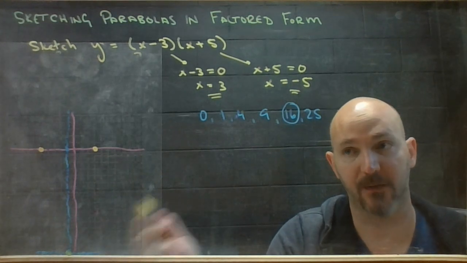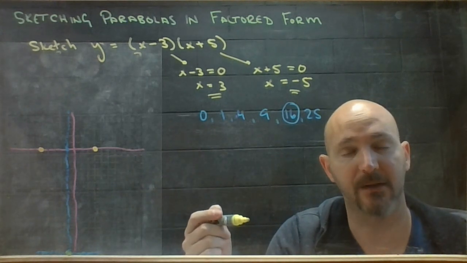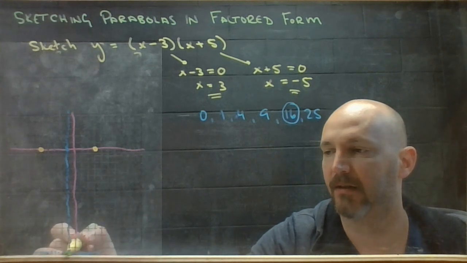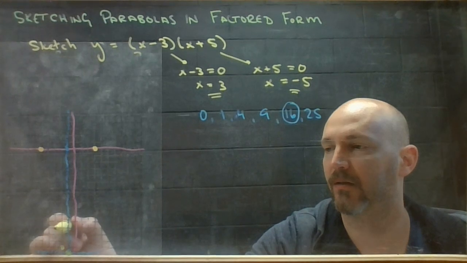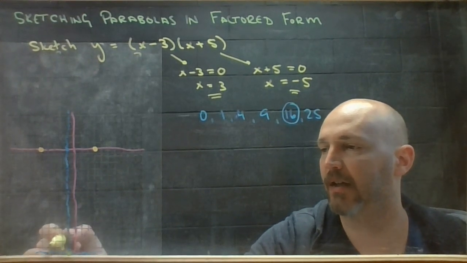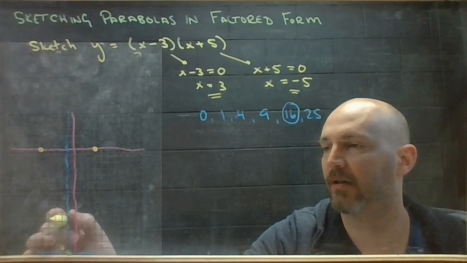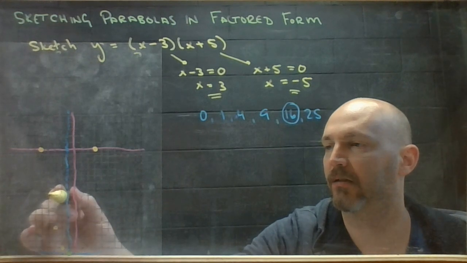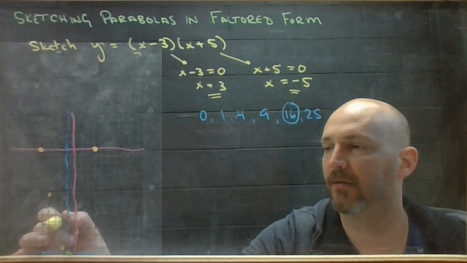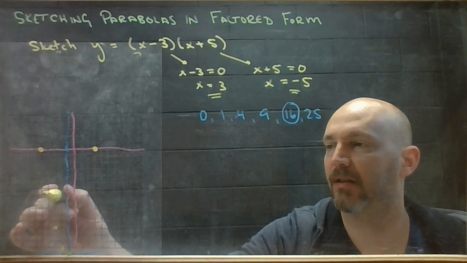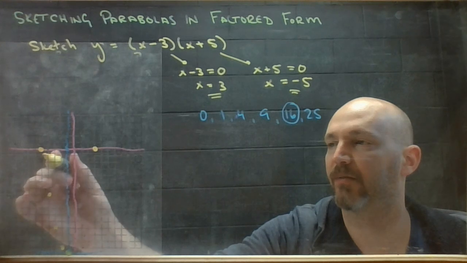Once I've established the vertex, I just use this number pattern to fill in the rest of the dots. 1 and 1, 2 and 4, 3 and 9, 4 and 16, 3, 4, 5, 6, 7, 8, 9, 10, 11, 12, 13, 14, 15, 16.